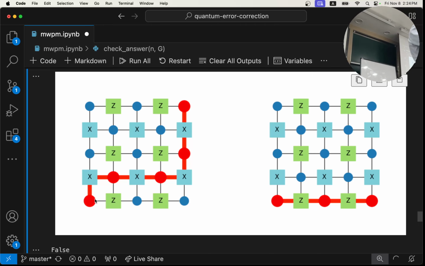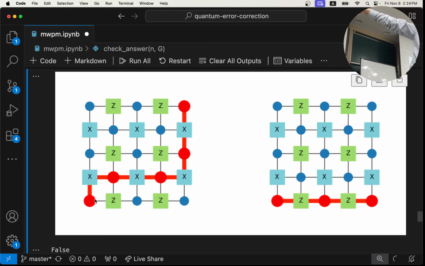Why is it important? Because what we are doing is encoding one logical qubit. This logical qubit depends on whether it's ket 0 or ket 1. It depends on the eigenvalue of the eigenstate. If the eigenvalue of this whole set of data qubits is plus 1, then we consider it logical 0.